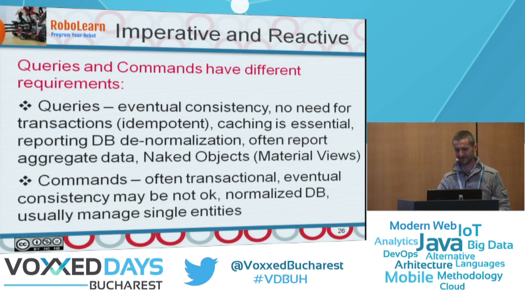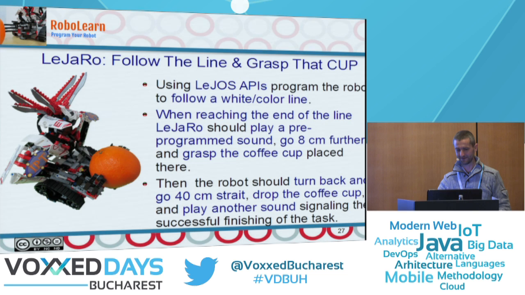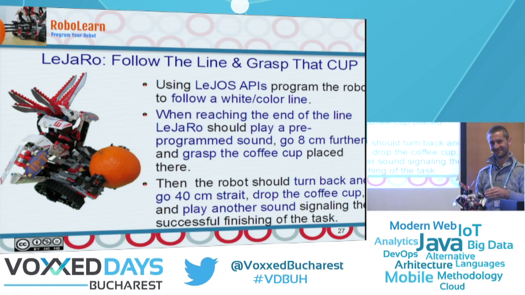Maybe just to say that, okay, this is the first robot. You can see the robot here. It is based on Lego, a standard Lego Mindstorms robot with 3 sensors. This is the touch sensor.